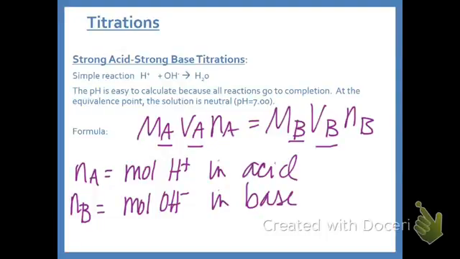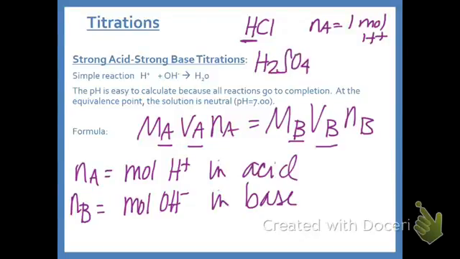So for instance, if I have HCl, my NA would be 1 mole of hydrogen, because there's 1 hydrogen in my formula. If I had H2SO4, my NA is going to be 2 moles of hydrogen, and that's because of this 2 right here.